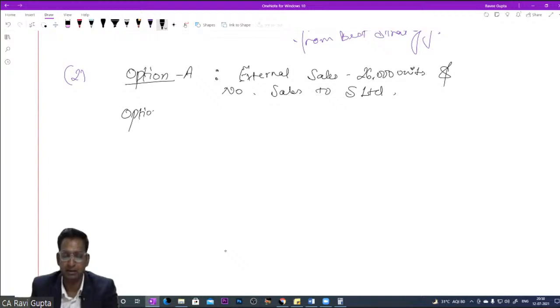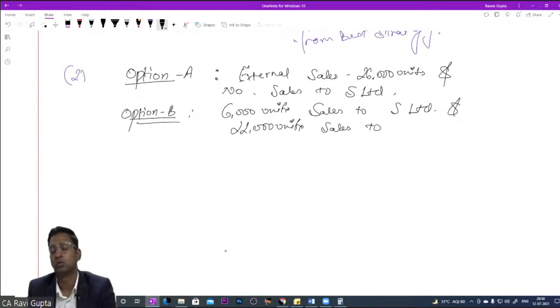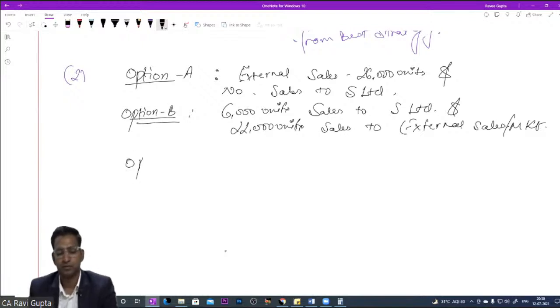Option number 2: 6,000 units sales to S Limited and 22,000 units sales to the external market. So first we are going to see option A.